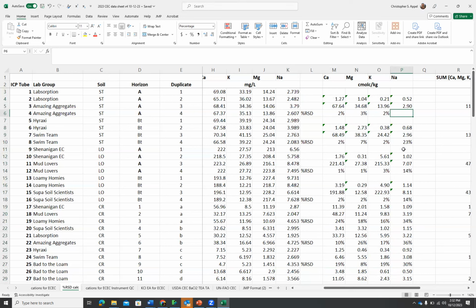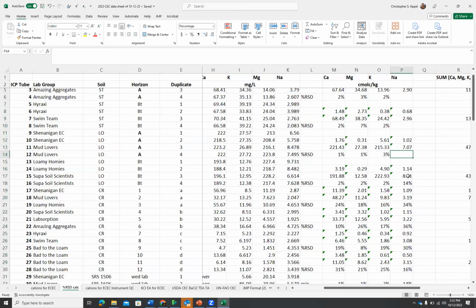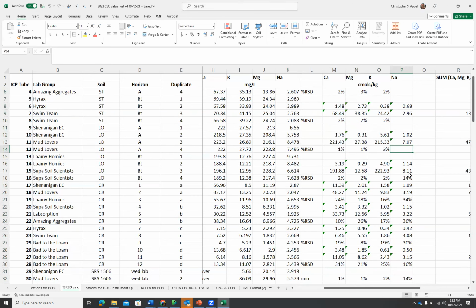So I'm going to get rid of that. For the second set, they're below the detection limit, so I can get rid of that. For the third set, there's a couple that are below the detection limit, so I'm going to get rid of that. Fourth set is good though.